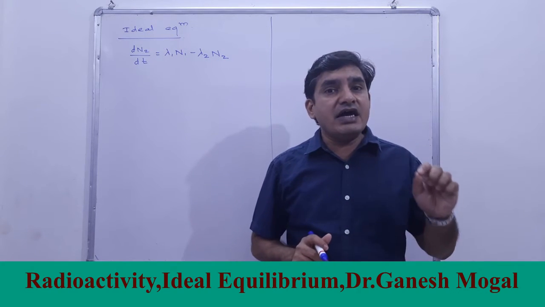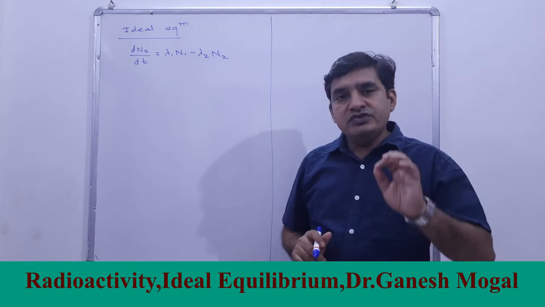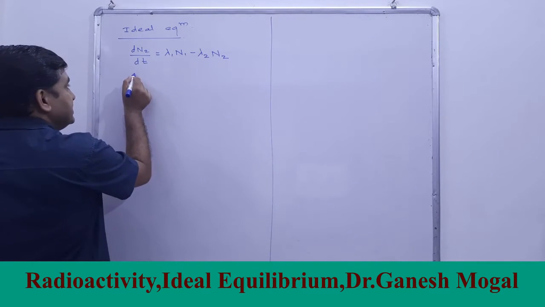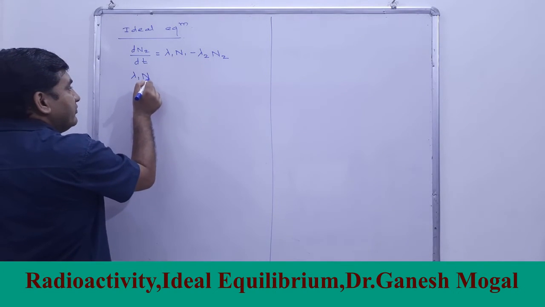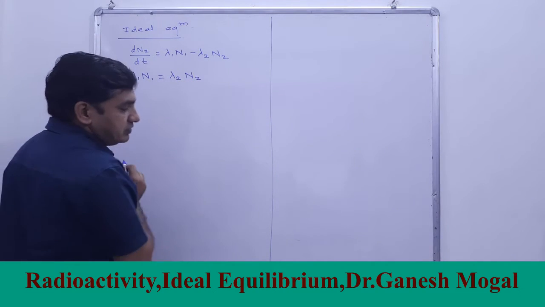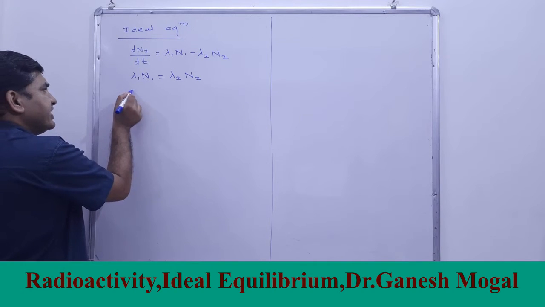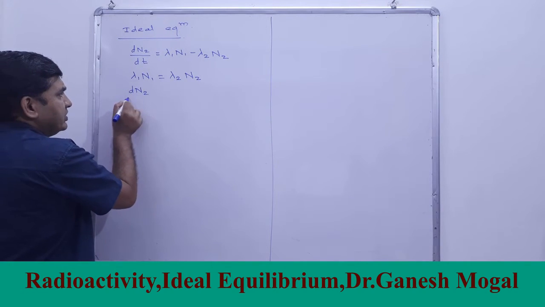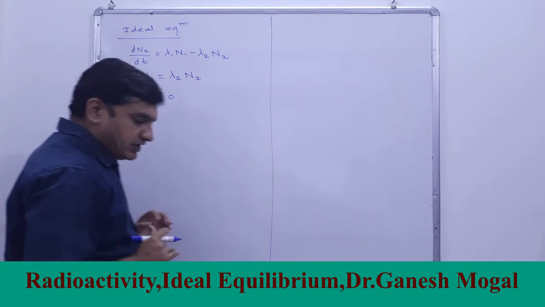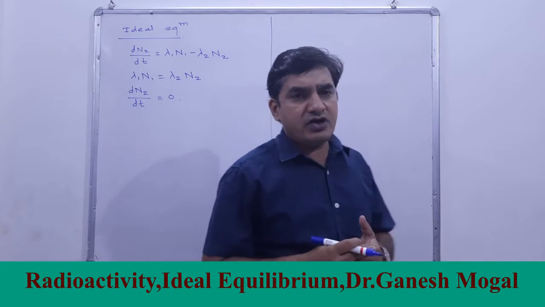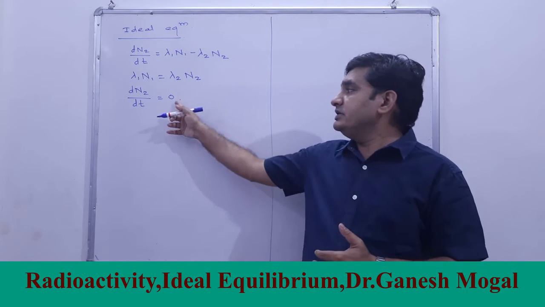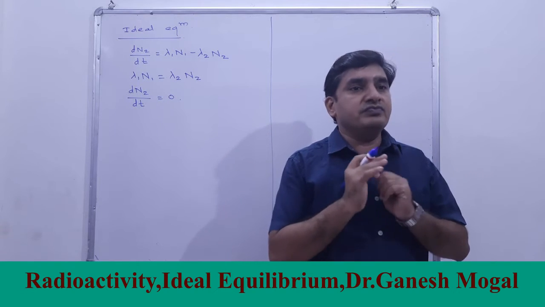In case of the ideal equilibrium, the activity of a parent is equal to the activity of a daughter. That is, lambda 1 N1 is equal to lambda 2 N2. Therefore, dN2 divided by dt is equal to 0. That is, the net rate of change of the daughter nuclei is equal to 0.